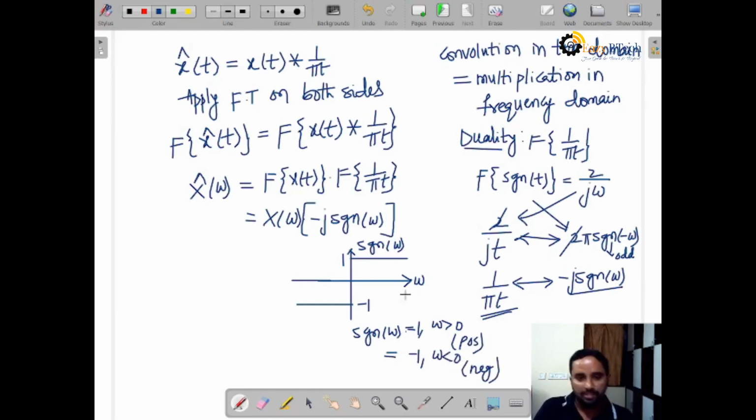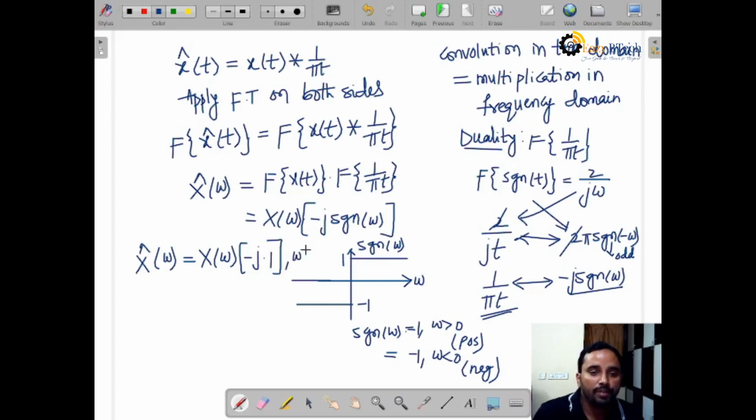So according to this, we are going to write x cap of omega, just taking the signum function into consideration. So x cap of omega will become x of omega times minus j into 1, when omega is greater than 0 or positive. And x cap of omega will become x of omega times minus j into minus 1 when omega is less than 0.